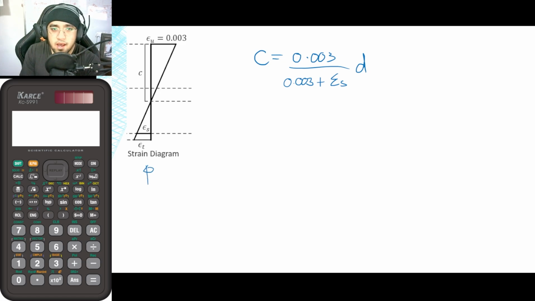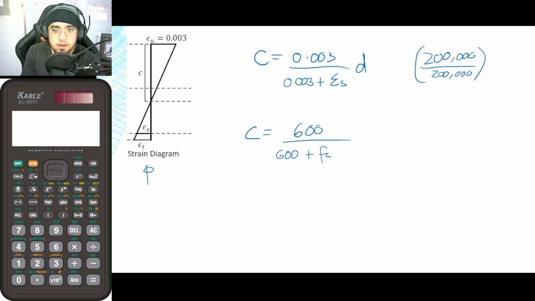And from that, guys, C can also be rewritten as, if you multiply this by 200,000, 600 divided by 600 plus Fs times D. Okay, so this is now the value of C. So for C balance, this is the value of C under balance condition.